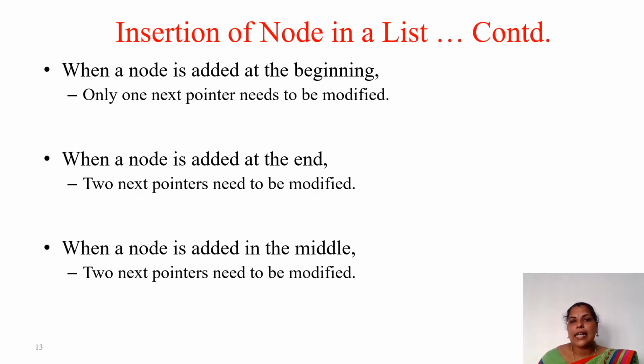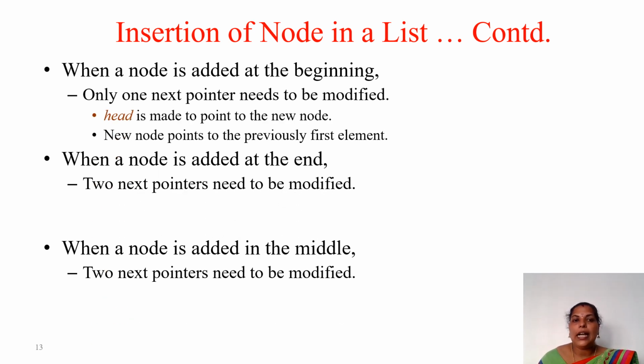So when a node is added at the beginning, only one next pointer needs to be modified. That is, head is made to point to the new node. Say for example, head is there and the first node is there.